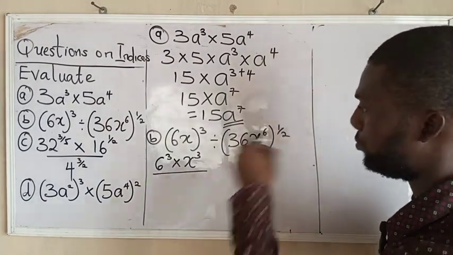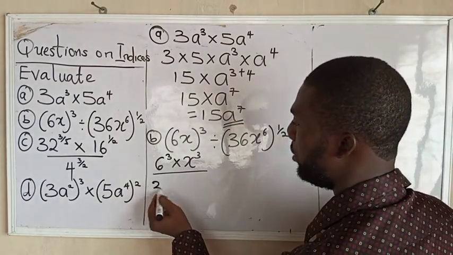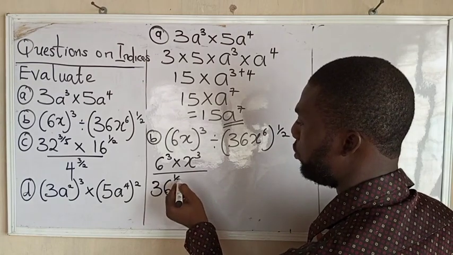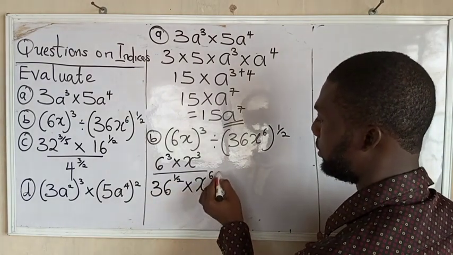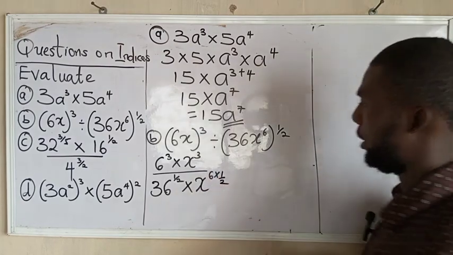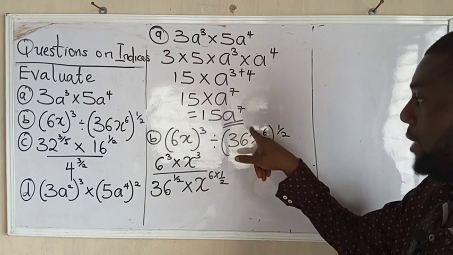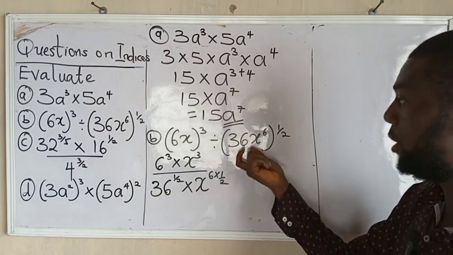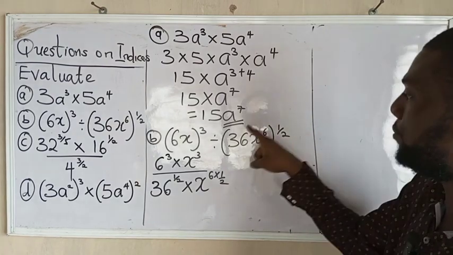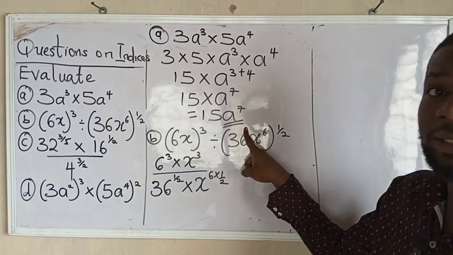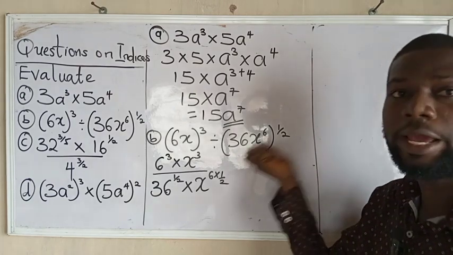So if it distributes this way, we are going to have 36 raised to power 1 over 2 times x raised to power 6 times 1 over 2. Let's just know that this half goes to 36 as its power because it distributes over 36 and x raised to power 6.